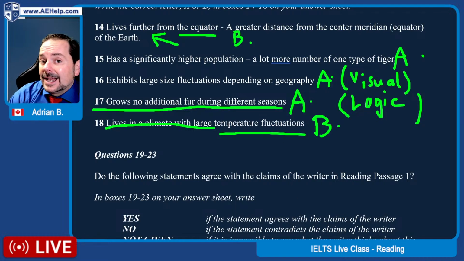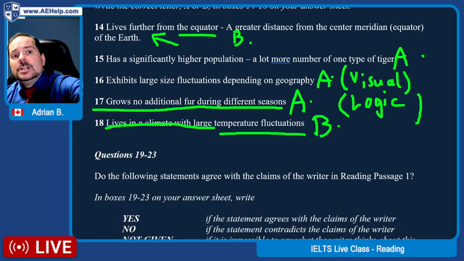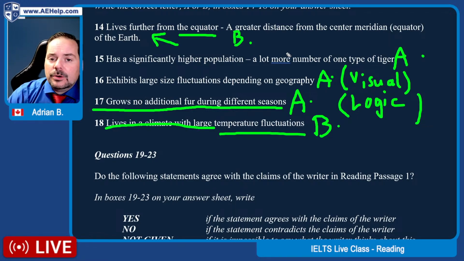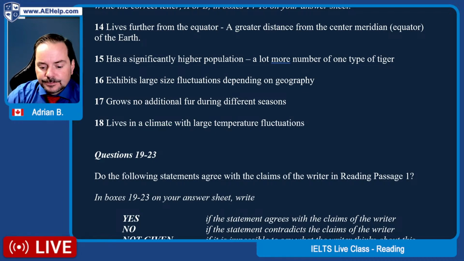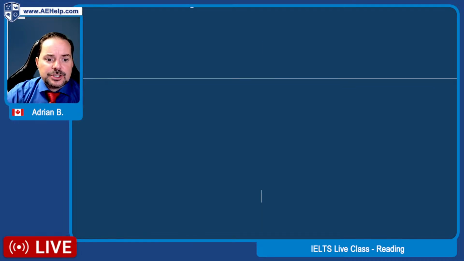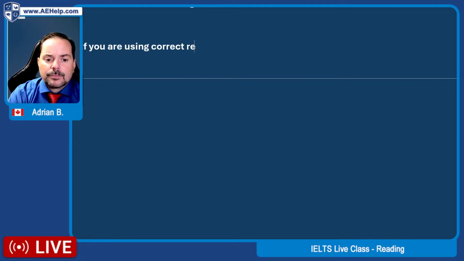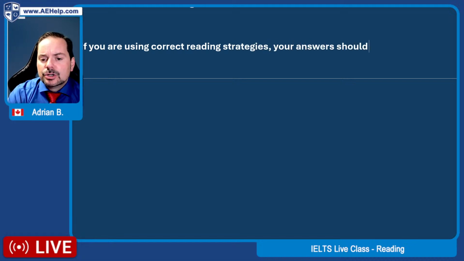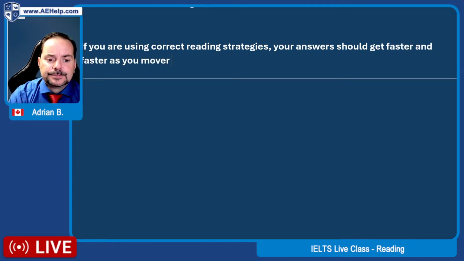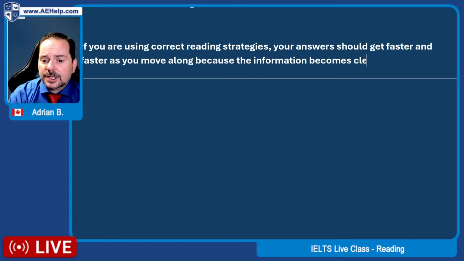Now, when you're doing the reading well and you're using correct strategies, you should actually be figuring out answers faster and faster. So, students, keep this in mind that if you're using correct strategies, your answers should get faster and faster as you move along, because the information becomes clearer.